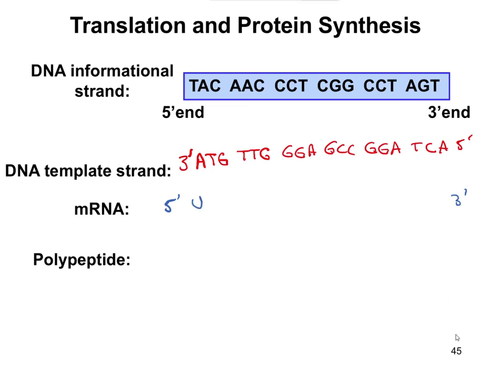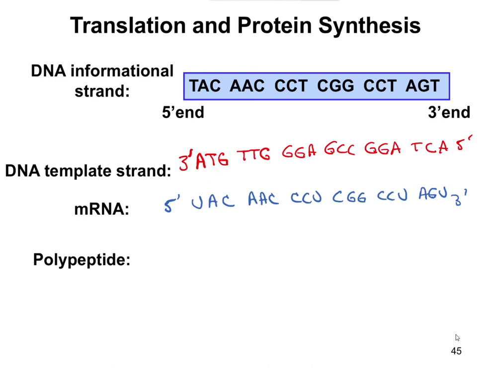And then T is going to go to an A, G to C, and then we can continue going through the rest of the messenger RNA as follows: C, C, U, A, G, U. All right, so that would be our messenger RNA. So a couple things about that messenger RNA. Notice it's going to be the complement of the template.